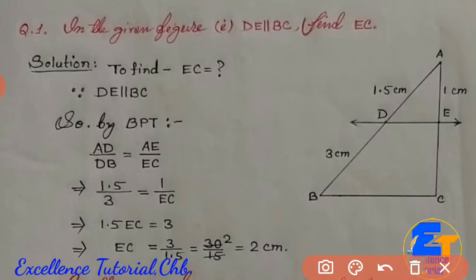In this step I inserted all the values and went for cross multiplication, EC into 1.5 and 3 into 1, in this way. On solving, finally we get 2 centimeter. This is the solution of the first question. I hope you have understood.